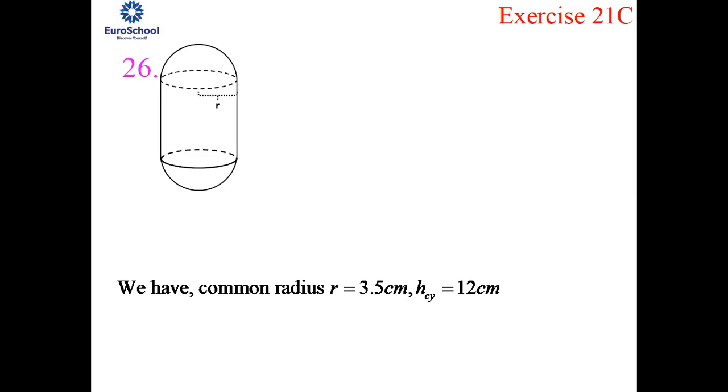Height of the cone is 4 centimeter, height of the cylinder is also 4 centimeter. So you just need to substitute into the formula for volume of the solid. What will be the formula? Volume of the hemisphere plus volume of the cylinder plus volume of the cone. So you can just substitute the values and get it.